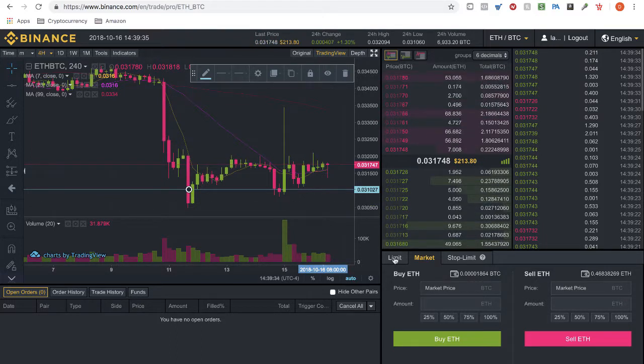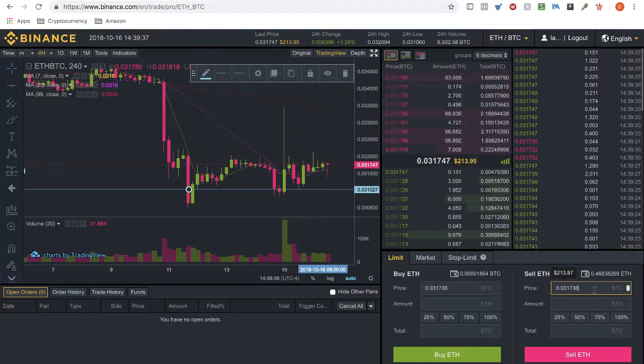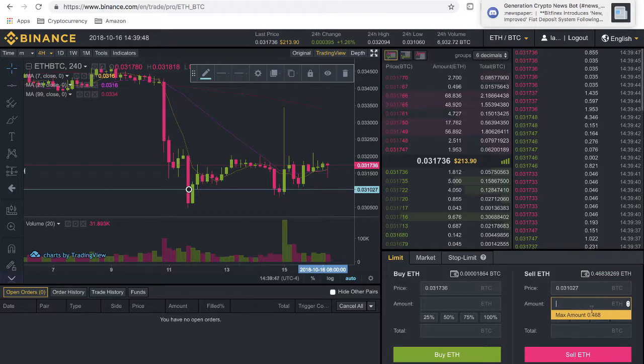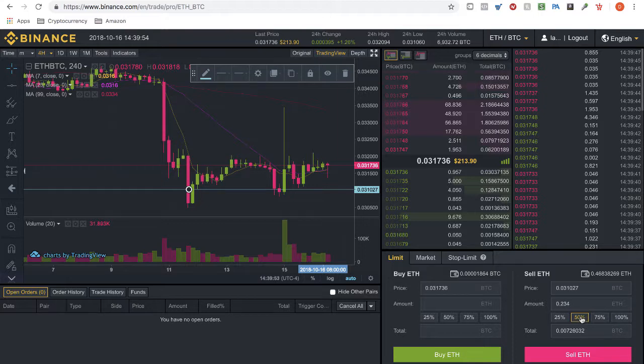So I want a limit order if price falls past 0.31027. I want to close this trade. If price gets down there, I want to close 100% of it. It's just 50% in this example. I want to close 50% of this trade. It's just an example, so I have some on each side.